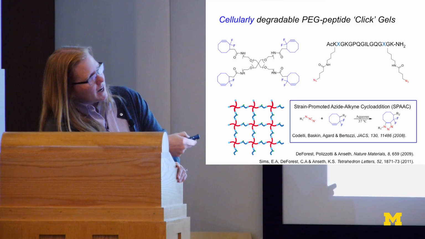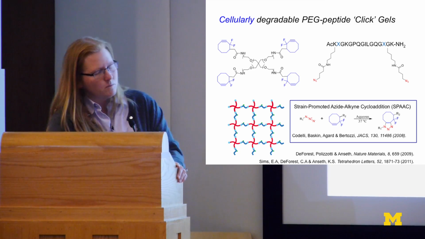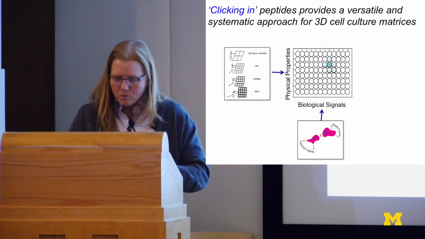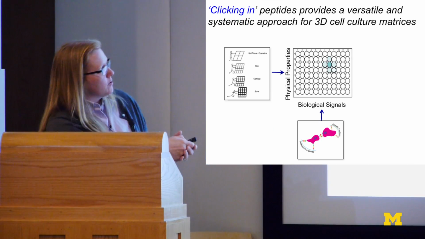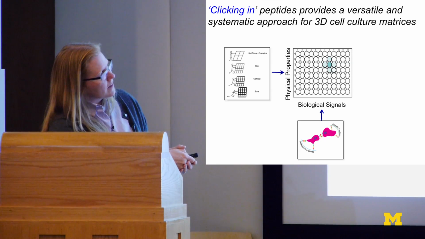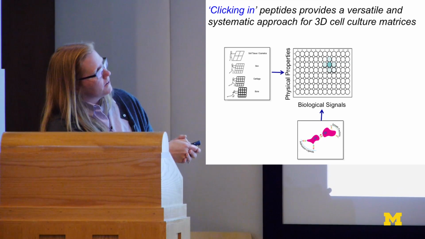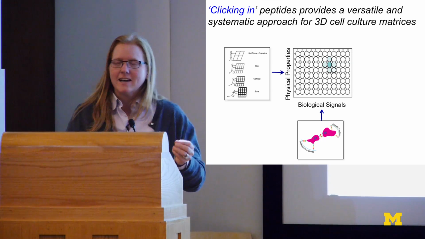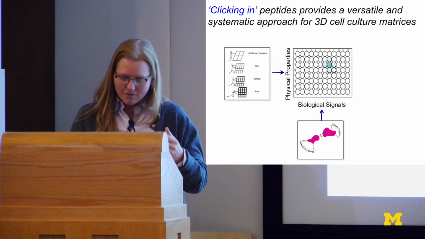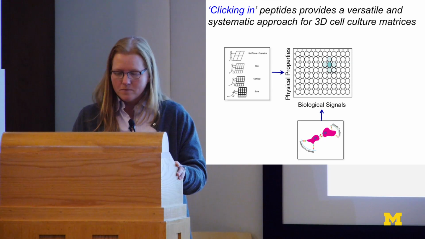And we made our peptide sequences with these azide functionalities containing this cell cleavable group. So when you put cells inside of these environments, you can click together different physical properties from your PEG and different biological signals from your peptide and look for different unique properties that you'd like to have if it's a stem cell you're trying to differentiate or whether you're trying to look at cells moving or proliferating.